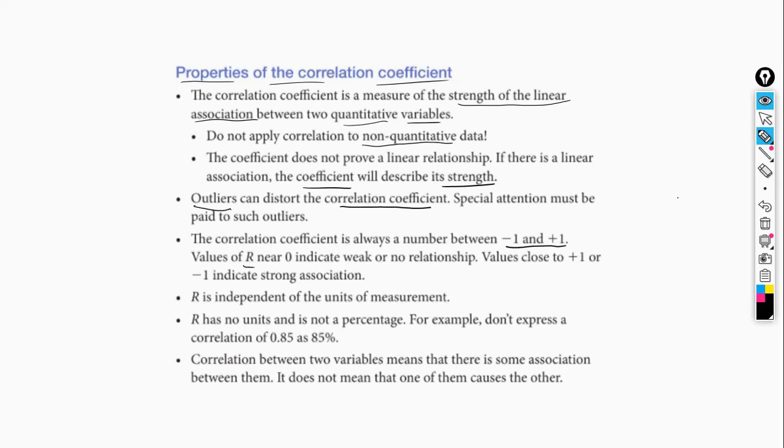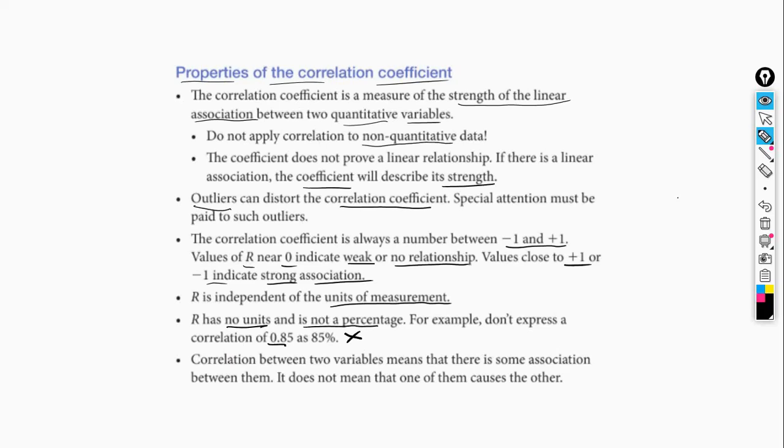Values of R near 0 indicate weak or no relationship. Values that are close to +1 or -1 indicate a strong association. R is independent of the units of measurements or the scale, as we saw previously. R has no units and it is not a percentage. For example, do not express a correlation of 0.85 as 85%.